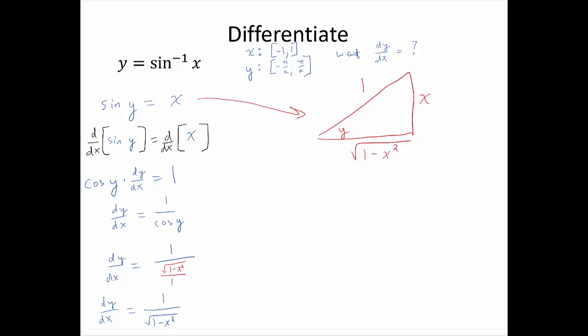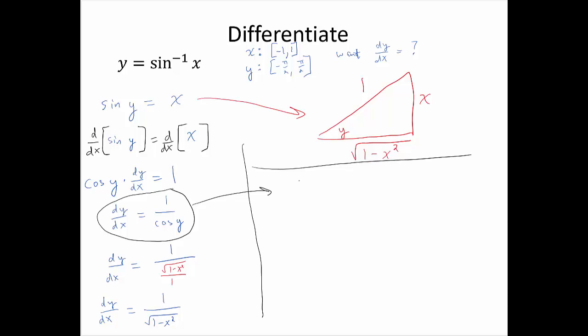Let me show a slightly different approach, and let's go from that point again. So here we know that we've gotten to the point that dy dx is equal to 1 over cosine y. And I'm going to take a slightly different approach than using the reference triangle. Let's use identities.